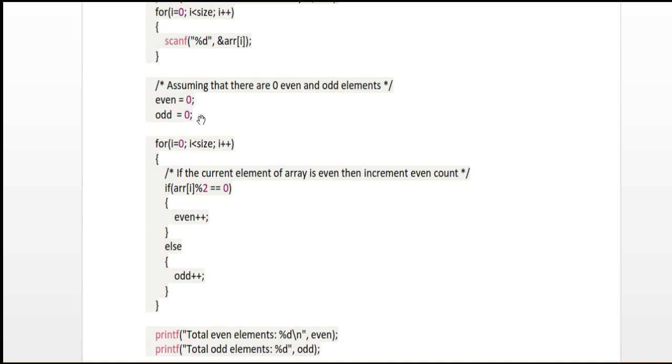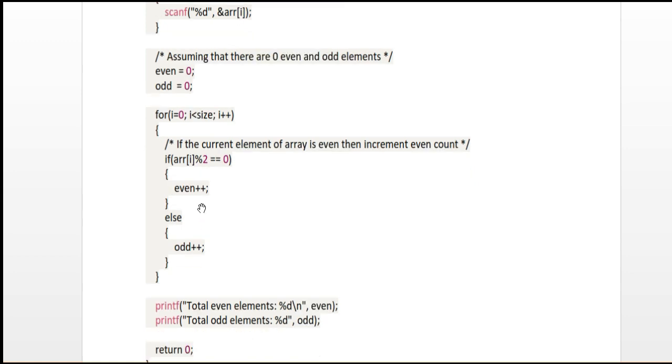Then I check each number to find whether it is odd or even. Array of first element modulo division by 2 equal to 0: if equal to 0, the even count will be incremented, because the number is even. Otherwise the odd count will be incremented.